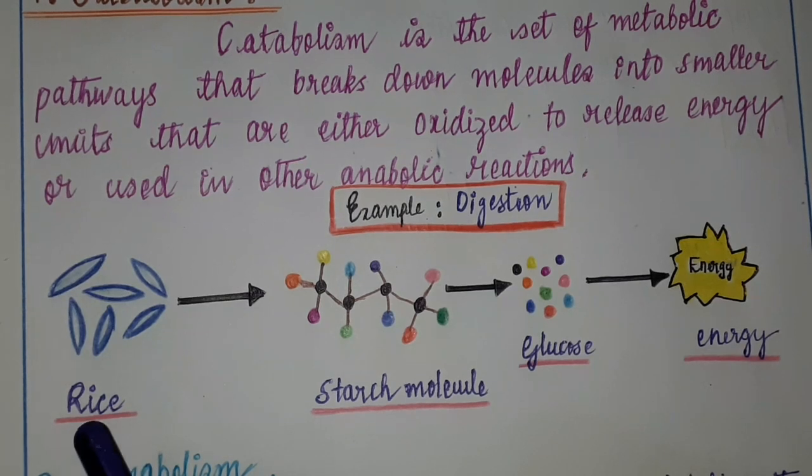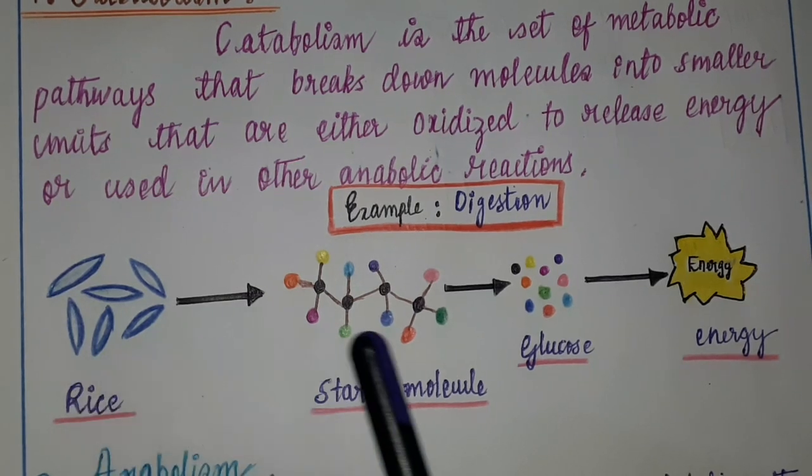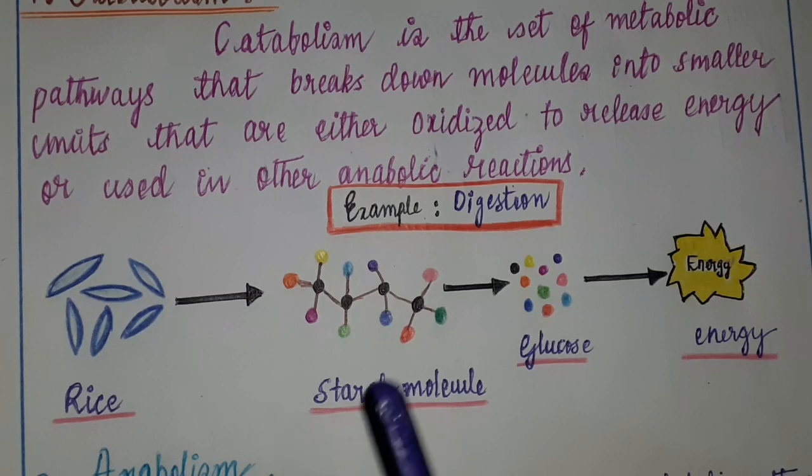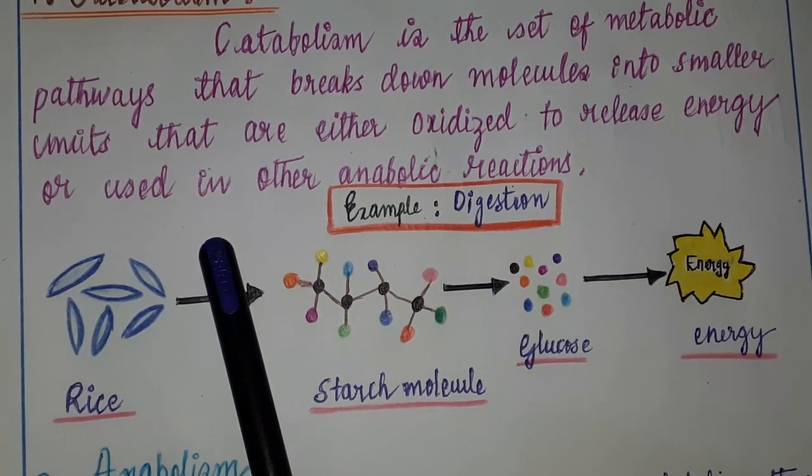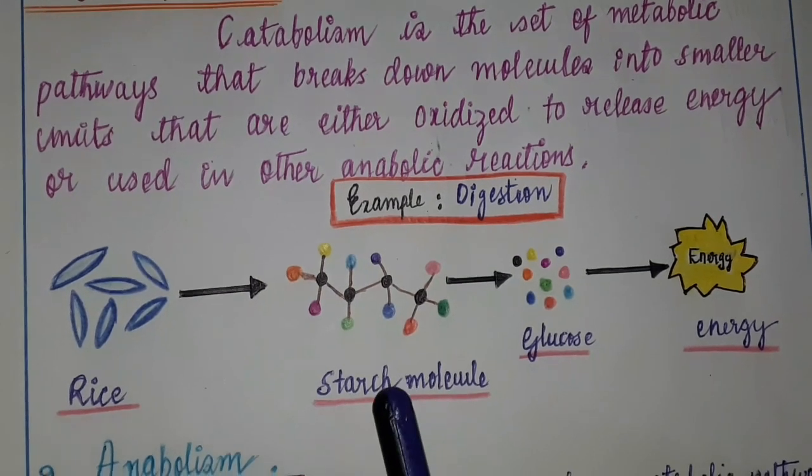Rice is breaking down into starch molecules in the presence of certain enzymes. This starch molecule is not the smallest unit, which means it can break down further, right? So the starch molecule will break down into glucose molecules in the presence of certain enzymes.